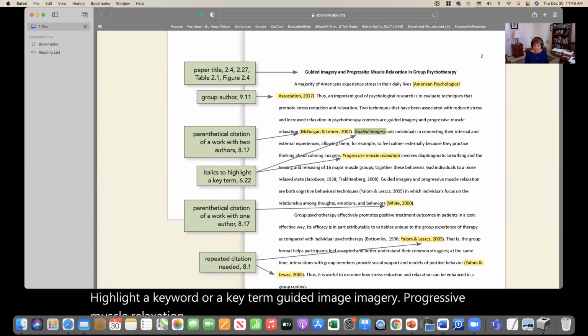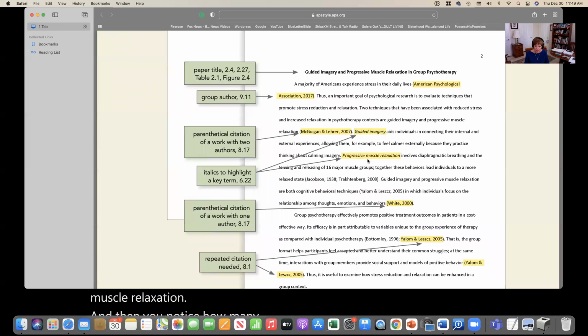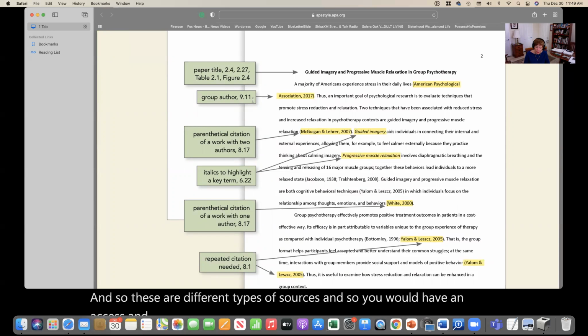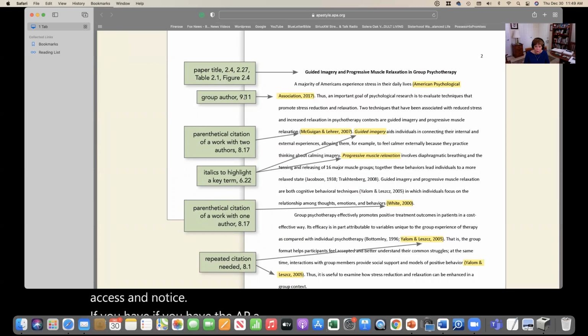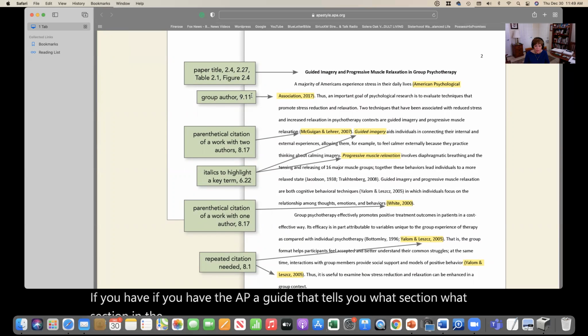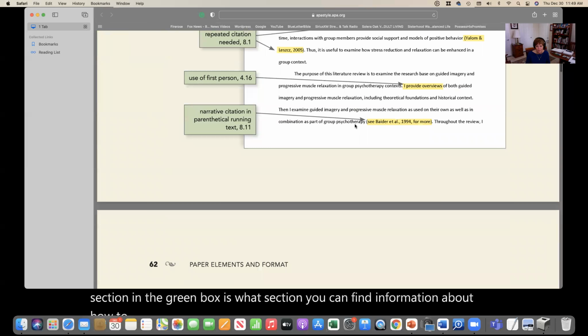And then you notice how many citations there are within this. And so these are different types of sources. And notice if you have the APA guide, it tells you what section in the green boxes you can find information about how to cite that.